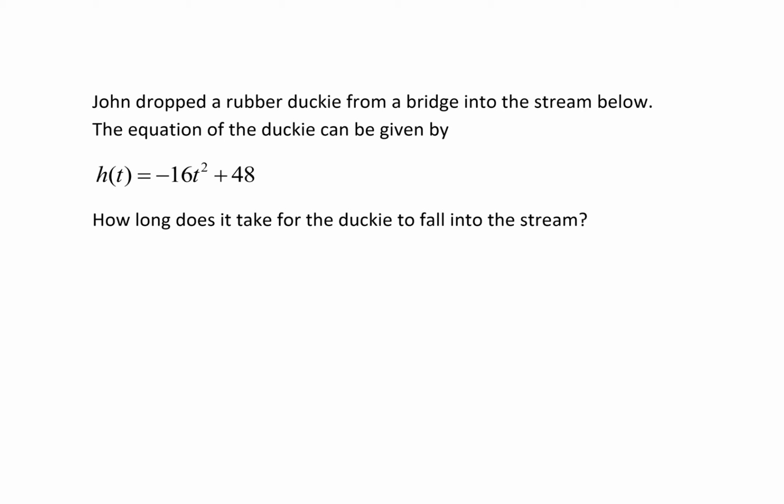So when it's in the stream, the height is 0. We want to know when that equals negative 16t squared plus 48. So this equation, because there's no t term, you don't have to use the quadratic formula. I'm just going to be able to take the square root of each side if I get t squared by itself. So I'm going to add 16t squared to each side. 16t squared equals 48.